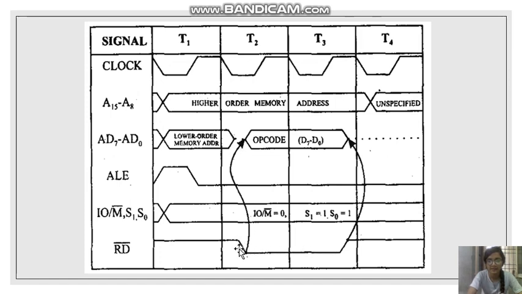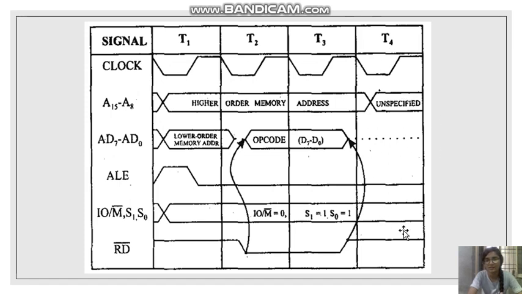During this period, it will become low and tell the memory that you need to read the data.